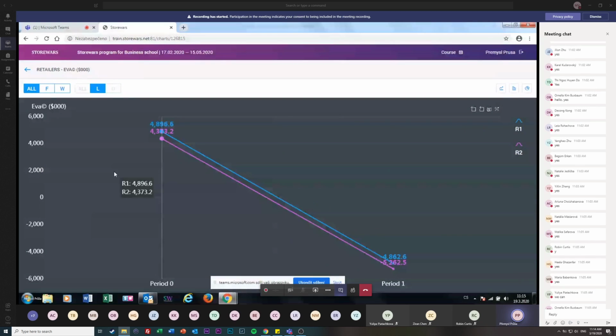And also it can be influenced by your receivables and payables, meaning that in order to improve the EVA, besides the gross margin, you should definitely concentrate on your fixed costs and operating costs, and these can be influenced also by your stock management and by the receivables and payables.